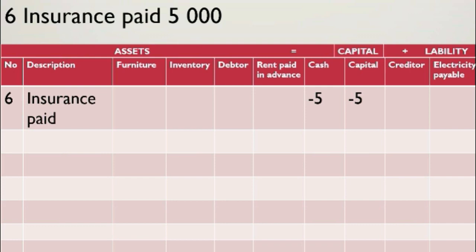So the profit or loss is absorbed by the owners. So any transaction relating to owners are adjusted in the capital column. So because of this 5,000 expense, owner's profit will reduce by 5,000. So that is the reason why we are reducing 5,000 from capital column. So now let's move to the next question.